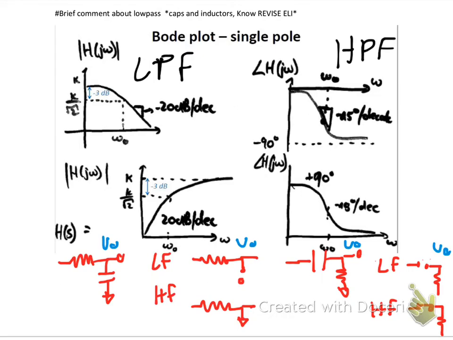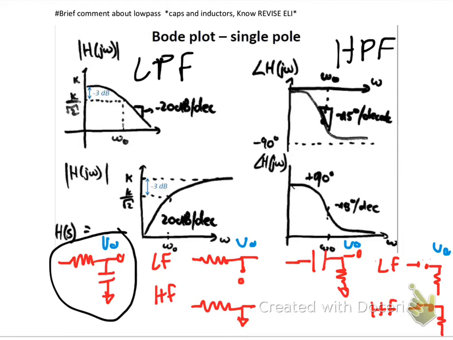Your low pass response comes from this circuit here. In electronics, we avoid using inductors because as you get bigger inductors, they become bulky and they cause harmonics. Inductors are just problems. So most frequency dependent components are usually capacitors.